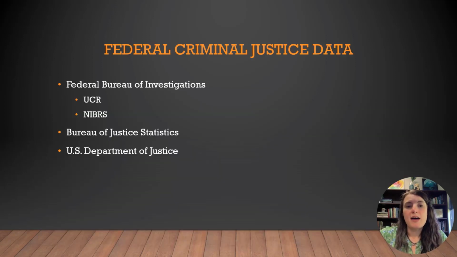For criminal justice topics specifically, the FBI, the Bureau of Justice Statistics, and the Department of Justice all host public use datasets that contain information on a variety of topics, including prison populations, criminal sentencing, community corrections, police arrests, and more. The FBI oversees the Uniform Crime Report and the National Incident-Based Reporting System, which are both commonly used datasets for crime analysis.